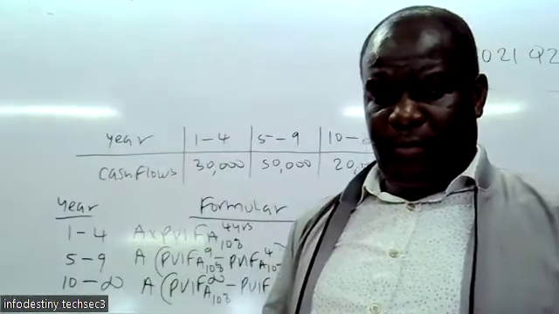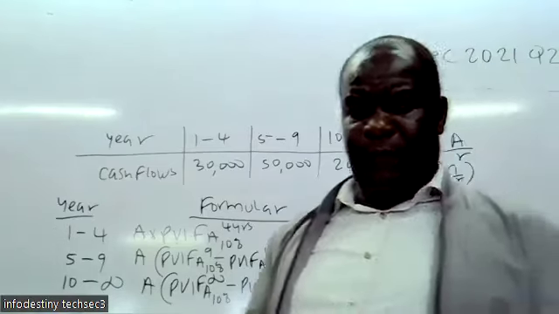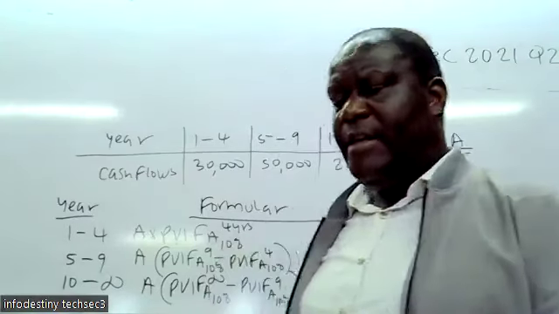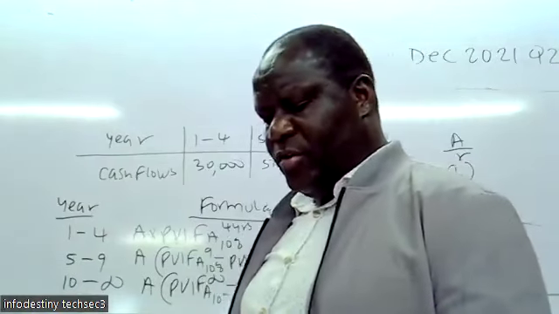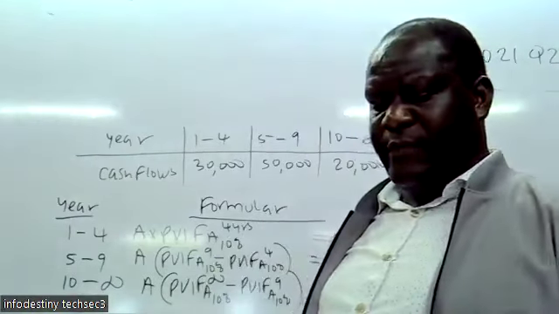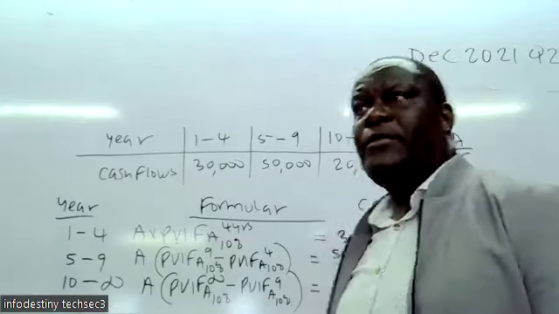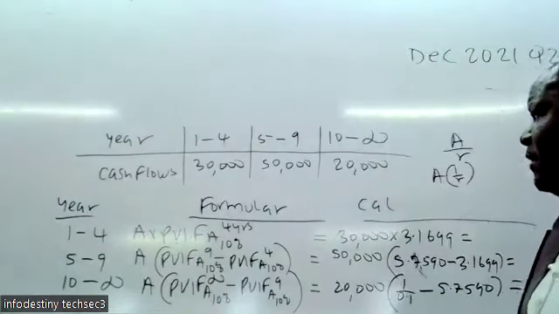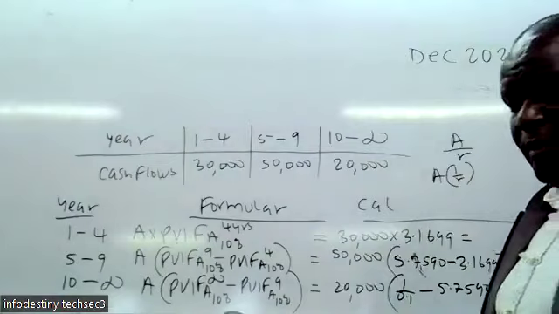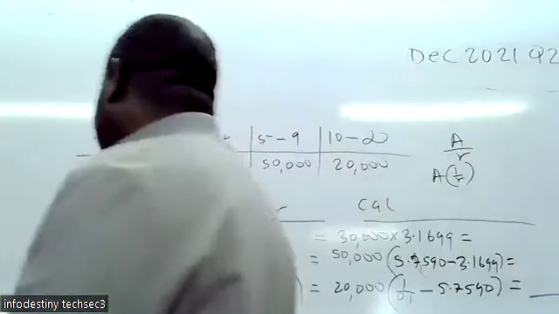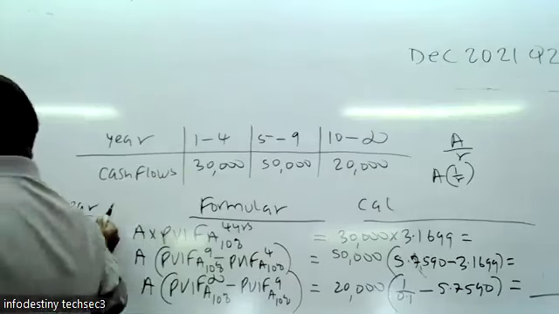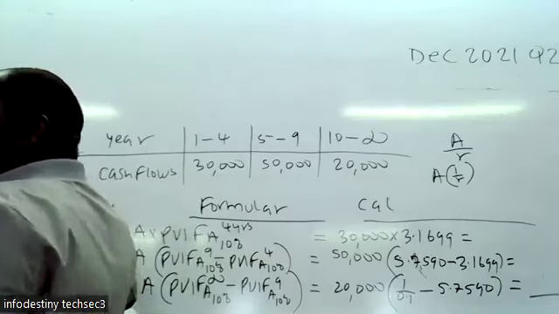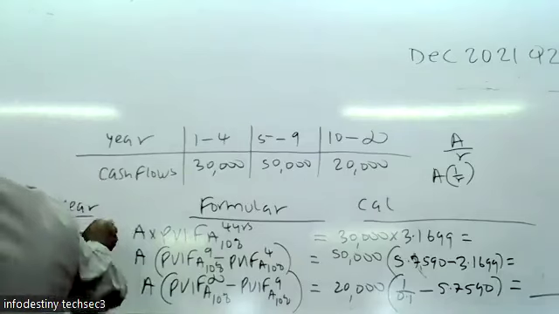The required rate of return for the company is what percent? 10%. So required, total present value of the project. So we arrange it in this manner. The first category is from year 1 up to year 5.